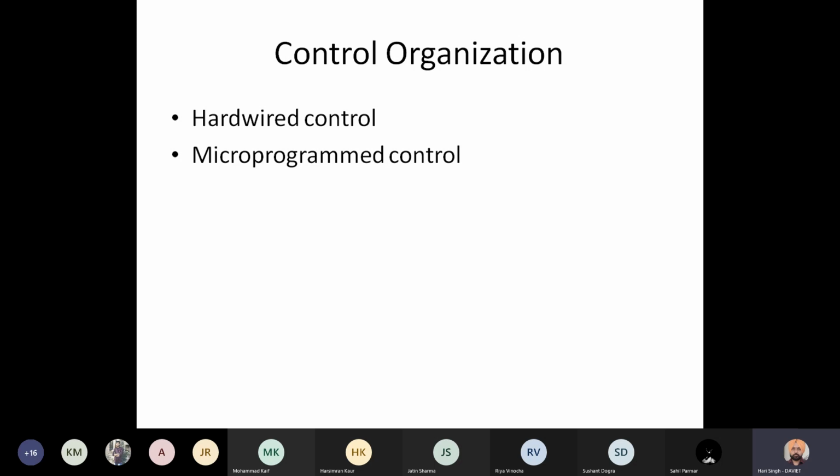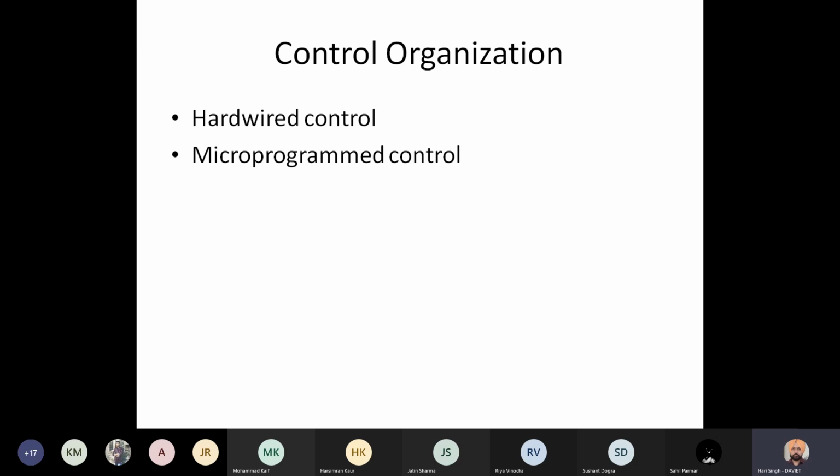Those micro operations are controlled by means of hardware in case of hardwired control. But in case of microprogram control, the micro operations are performed by the microinstructions written in the microprogram. So the program used to perform various micro operations is called a microprogram, and it is available in the control memory of the microprocessor.